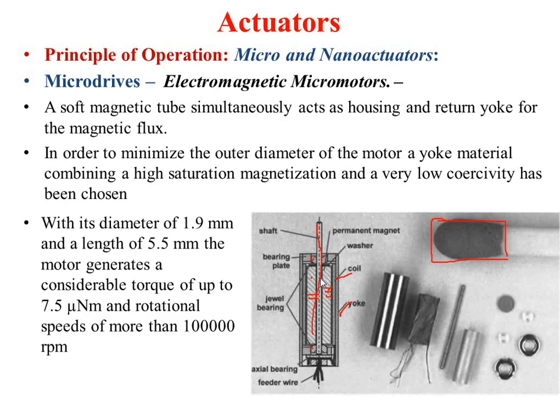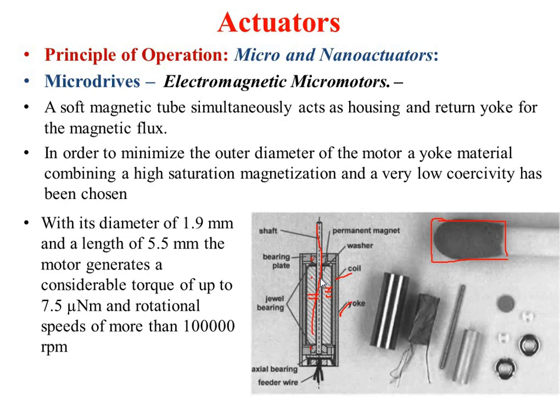This motor is 1.9 mm in diameter and 5.5 mm in length. The motor generates a torque up to 7.5 micro newton meter, and the rotational speed is more than 1 lakh rpm. So you can just imagine, the rpm is very high, the torque is quite good, and the size is very small.